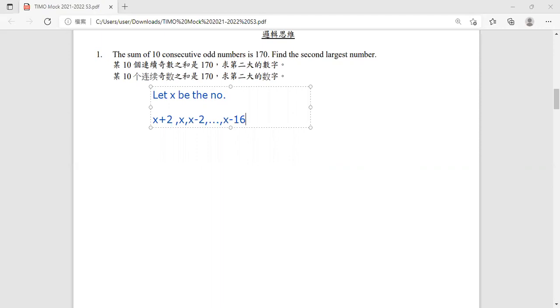Is it x minus 16 or x minus 14? It should be 16. Then you sum them up, and you will have 10x minus what?